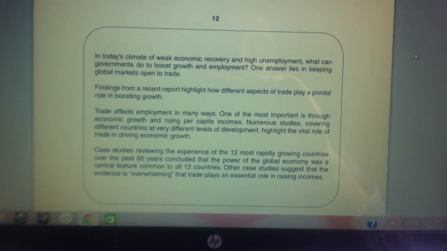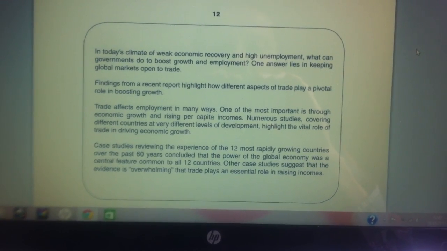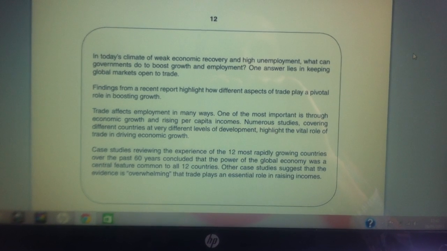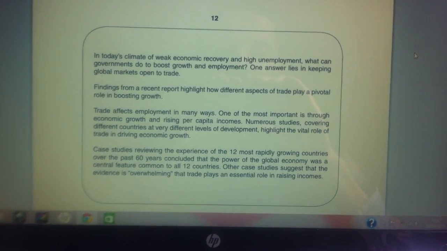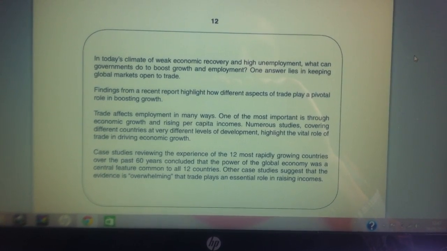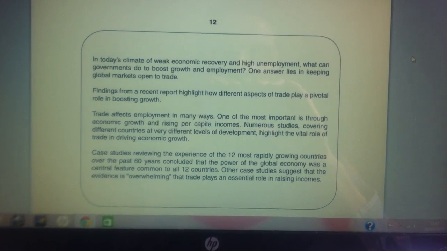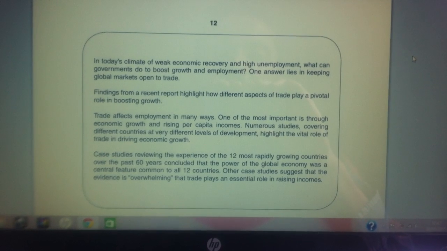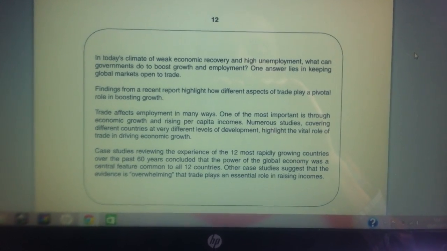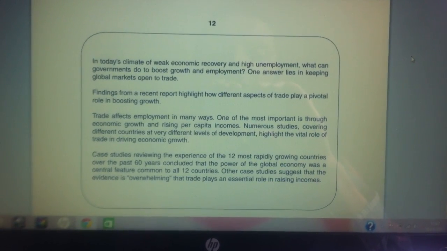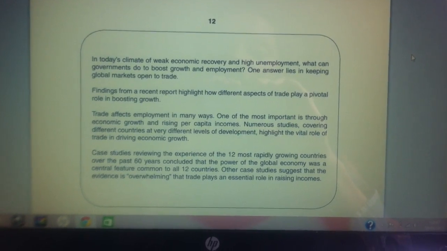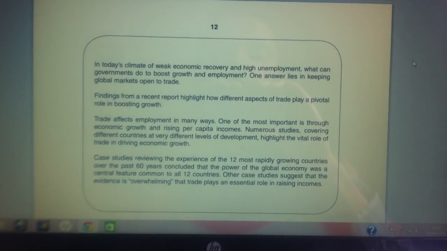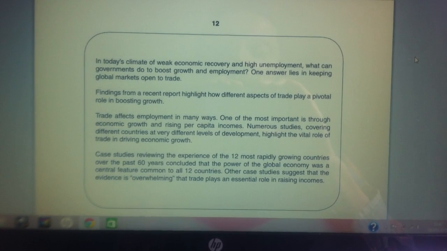So in other words, if world output is strong, then countries around the globe will all grow quickly. I mean, that just makes sense. Other case studies suggest that the evidence is overwhelming that trade plays an essential role in raising incomes.